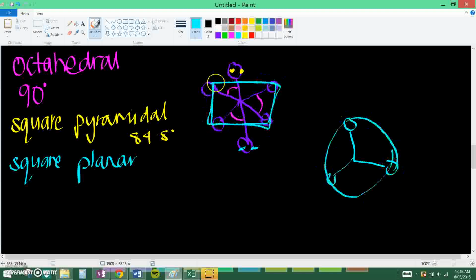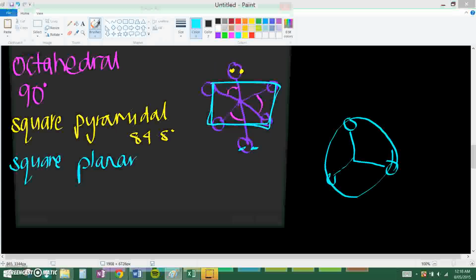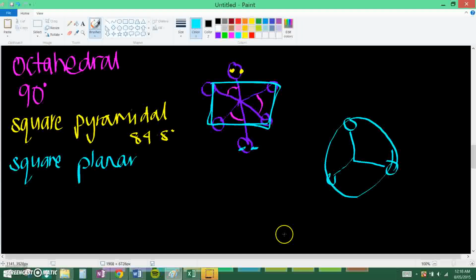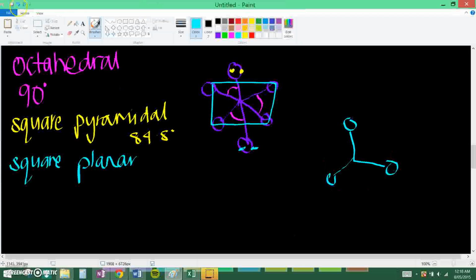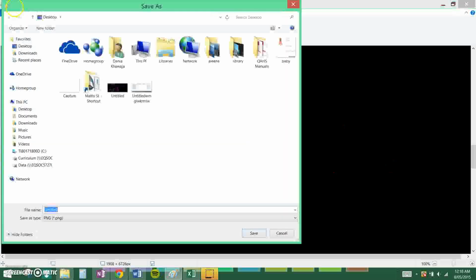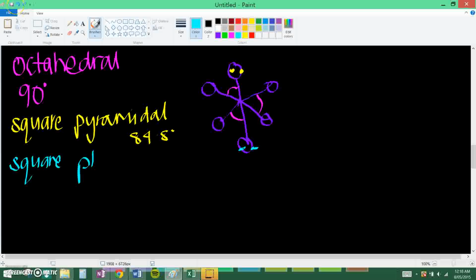So it goes back to having bond angles of 90 degrees, because these are pushing equal repulsion onto them, and it doesn't outweigh any other atoms.